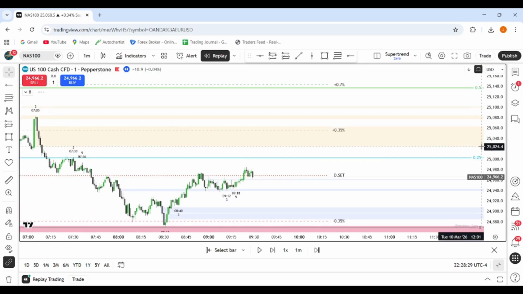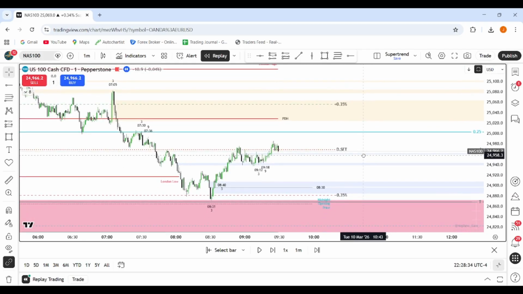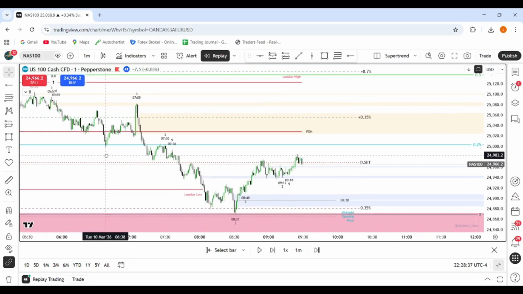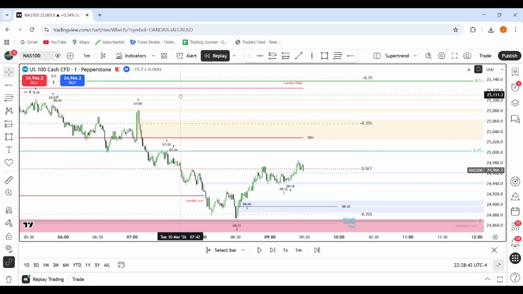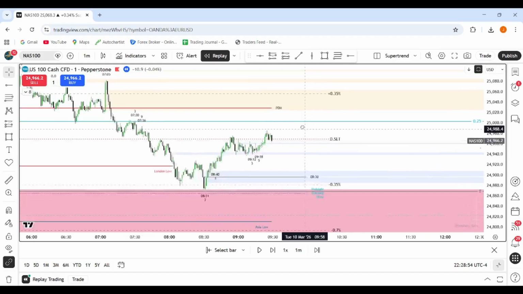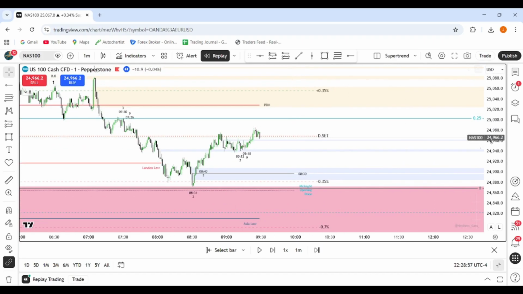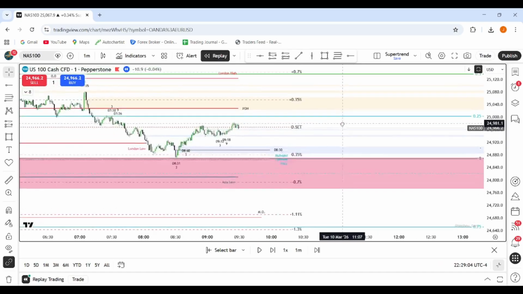So now when I drop down to my 1 minute, you can start to see what's happened as we approach 8:30. We've had a massive drop off from that line. I can also see that we have a very close proximity to the 0.7% from this DSET, which is the settlement price. And so I'm thinking, yeah, we've built up liquidity to head up here. But the question is, when does it get there?